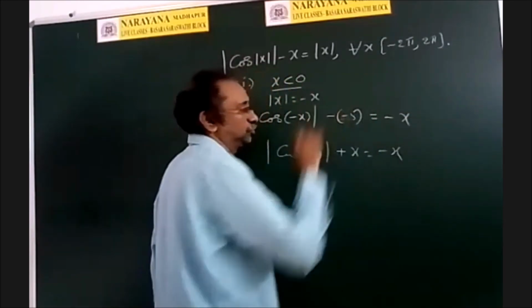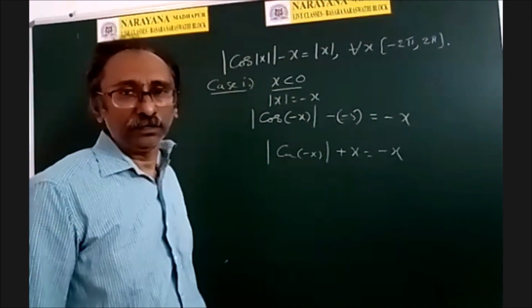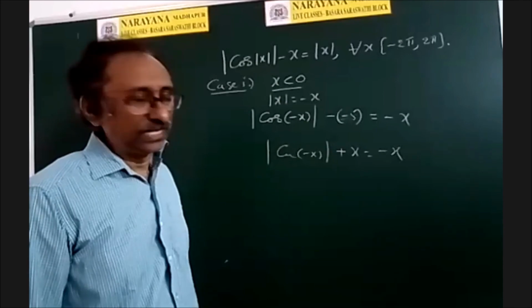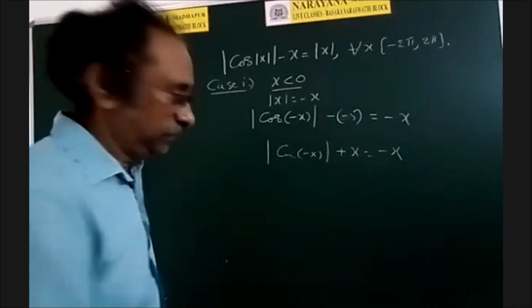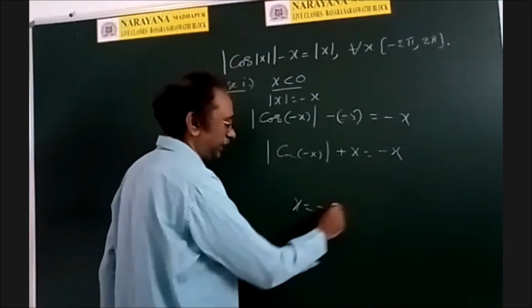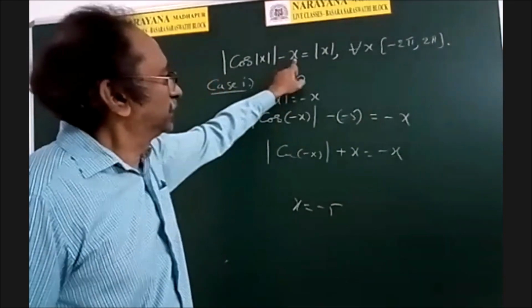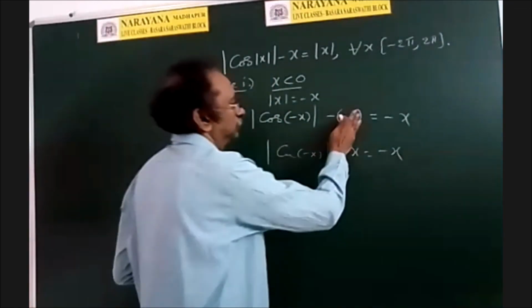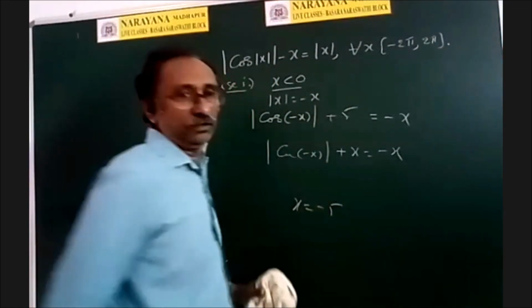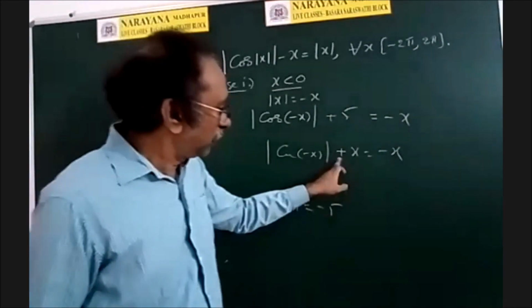Suppose x is equal to minus 5. Okay. So we consider an example today. Suppose x is equal to minus 5. Tell me what is minus of minus 5? 5, sir. Now you have written plus x.